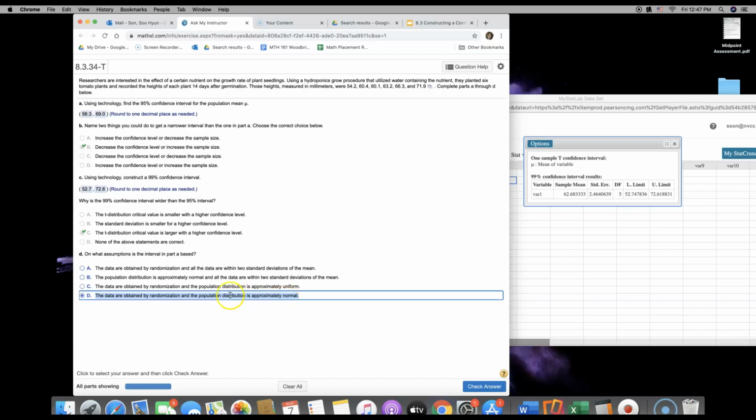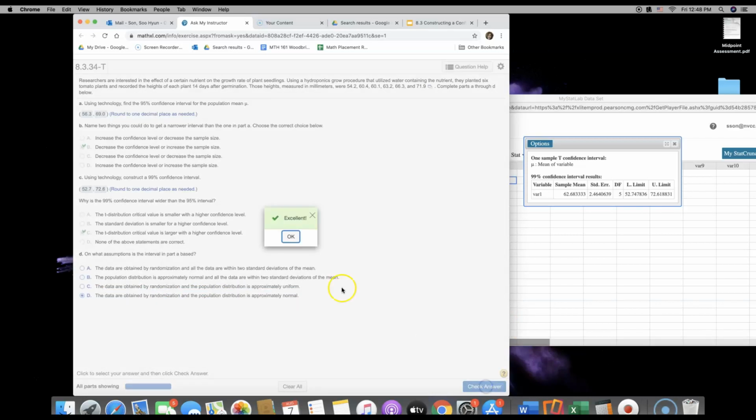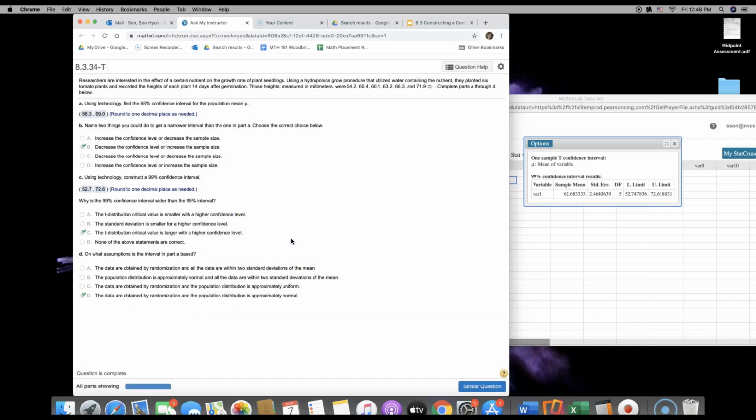So what you are hoping is that the population distribution is approximately normal so that we can go on with this inference procedure, using that the sampling distribution is normally distributed. So D will be the answer. And I think that's all of it. That was all of it.